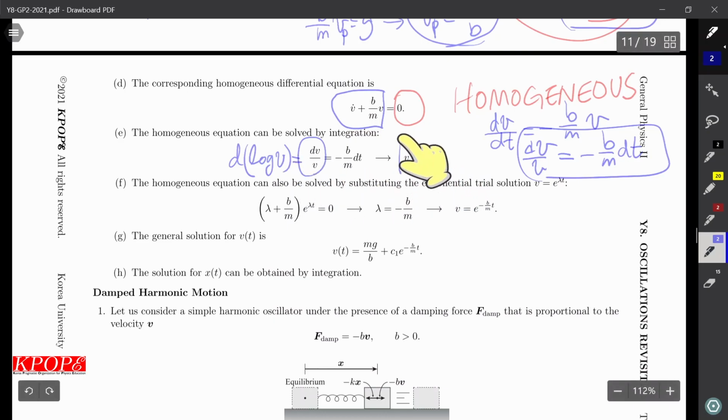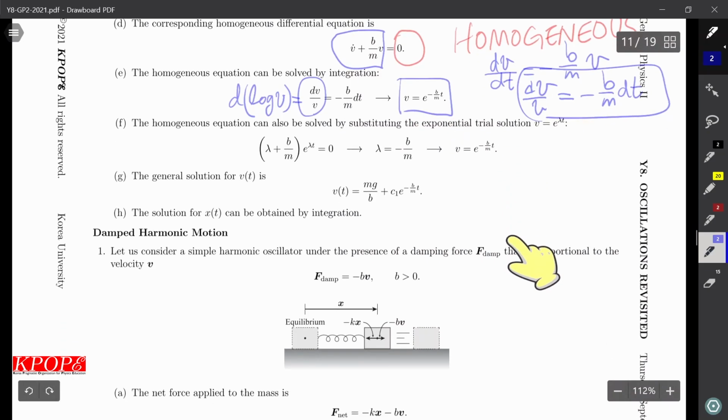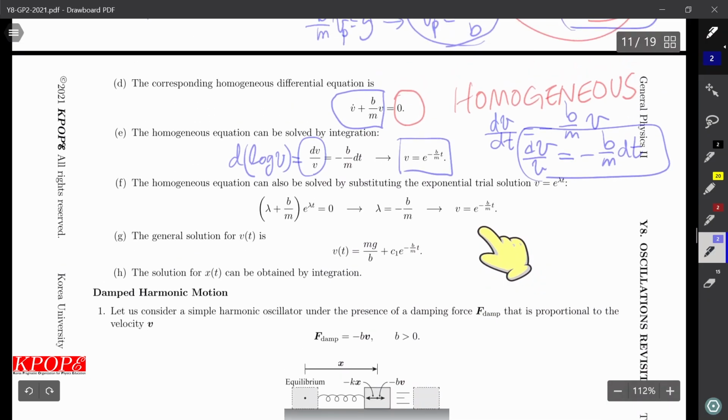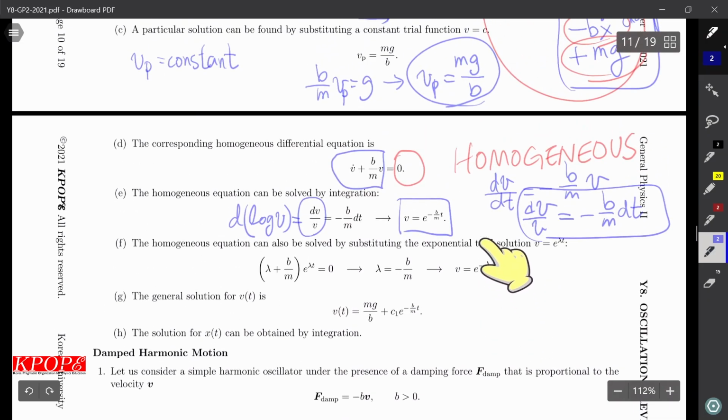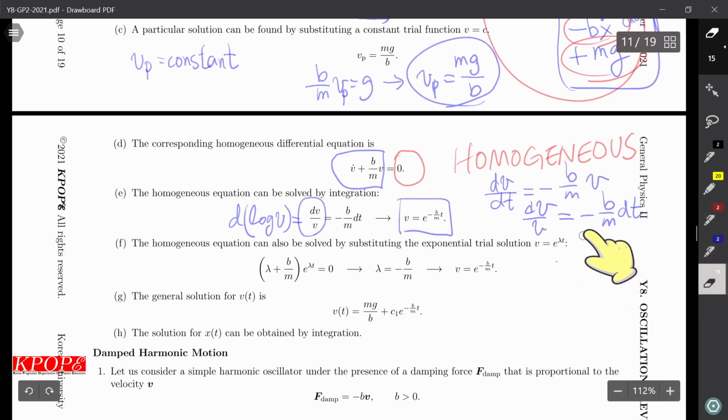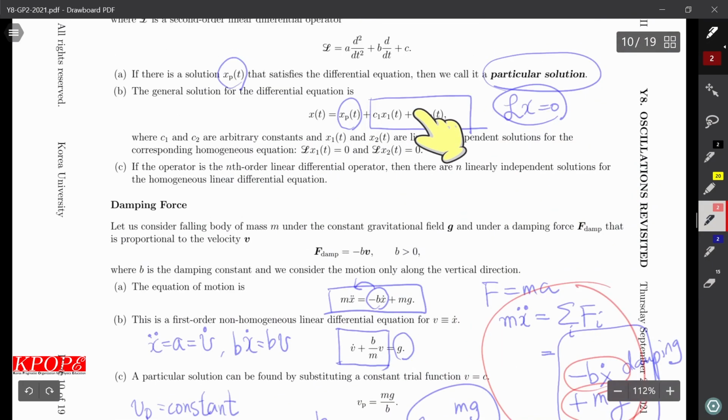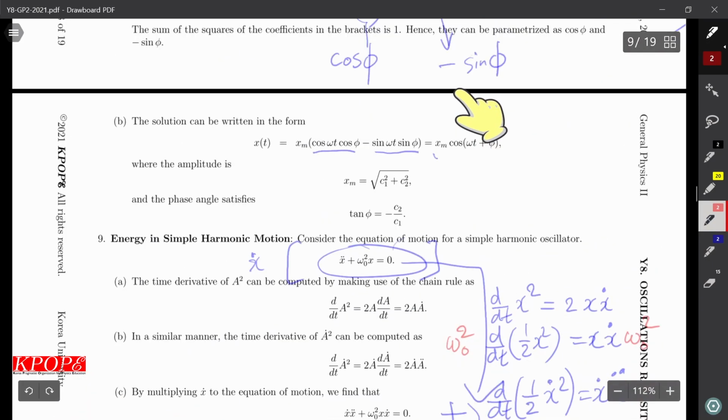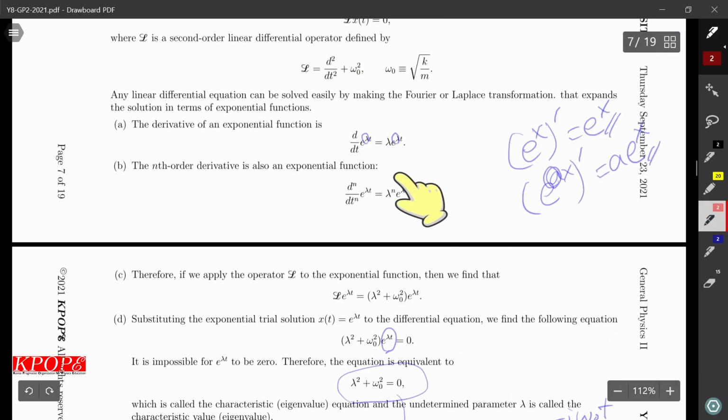Finally, the answer is an exponential. This integration can be done and we can obtain the result in this way. However, we can also obtain the result by substituting the trial solution, as we already explained above. The exponential trial solution.